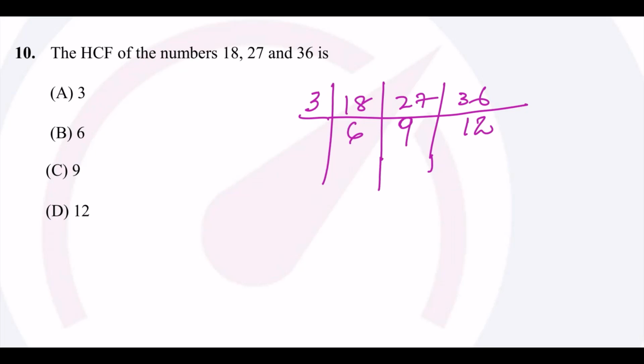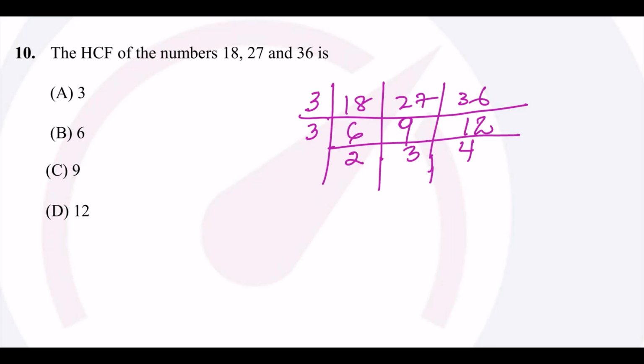The next small number that can go into all these numbers without leaving a remainder is 3 again. So 3 into 6 goes 2 times, 3 into 9 goes 3 times, and 3 into 12 goes 4 times.